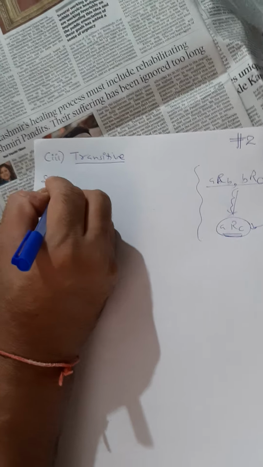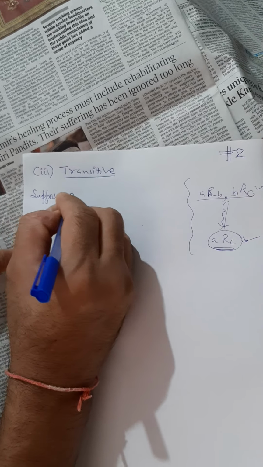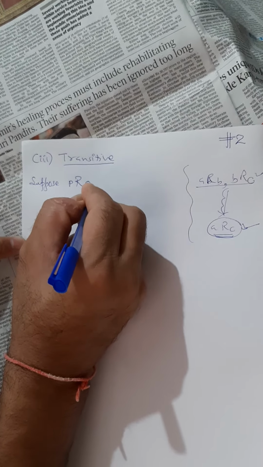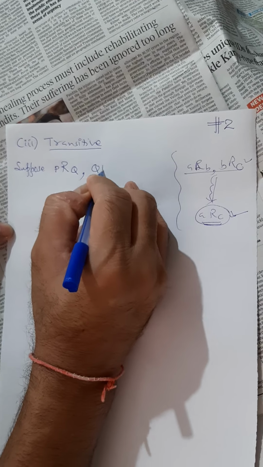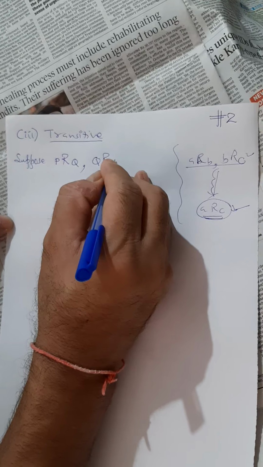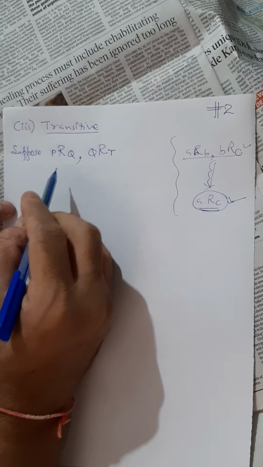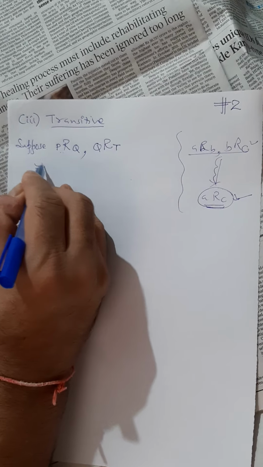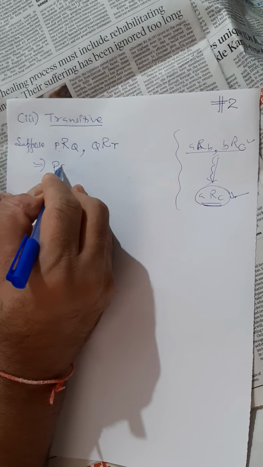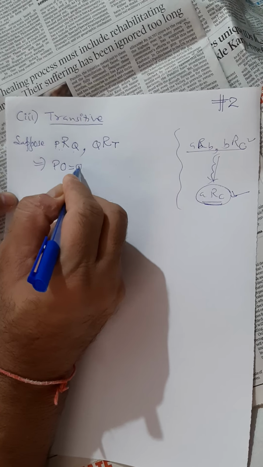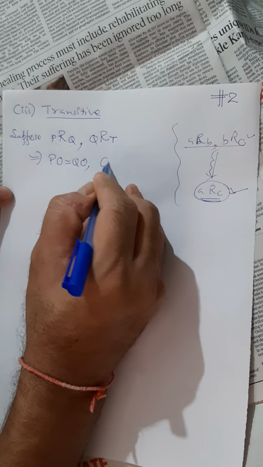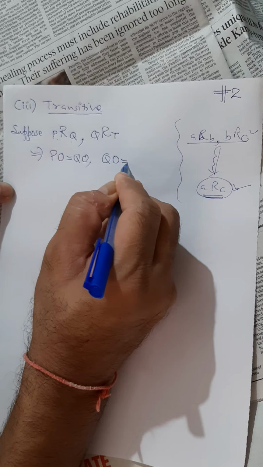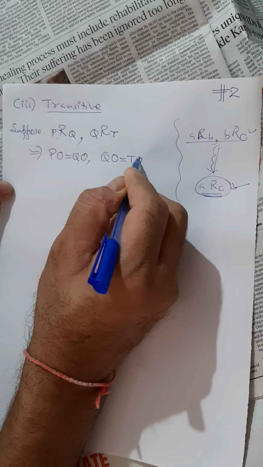Suppose P is related to Q and Q is related to, let me take a third point, T. Now this means the distance of P from origin is the same as the distance of Q from origin. This means the distance of Q from origin is the same as the distance of T from origin.